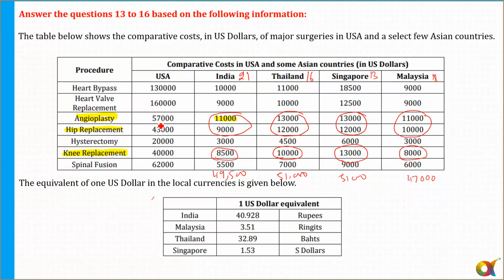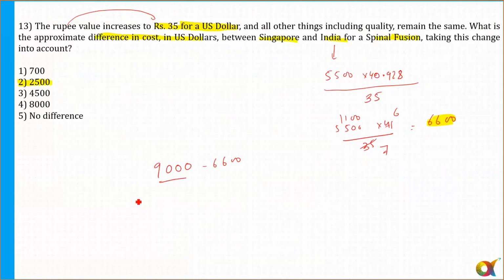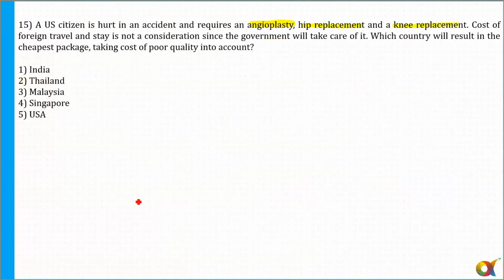And US alone, 57,000 plus 40,000 plus 40,000. That will be too much, isn't it? 57 plus 40 is 100, that is 140 followed by 3 zeros. So the minimum will be in case of Malaysia. So I think the answer for this is Malaysia, option number 3. Is that clear to all of you? Please respond.